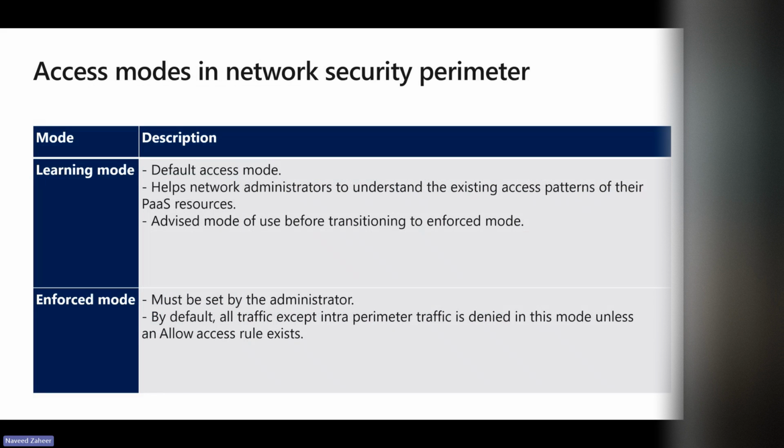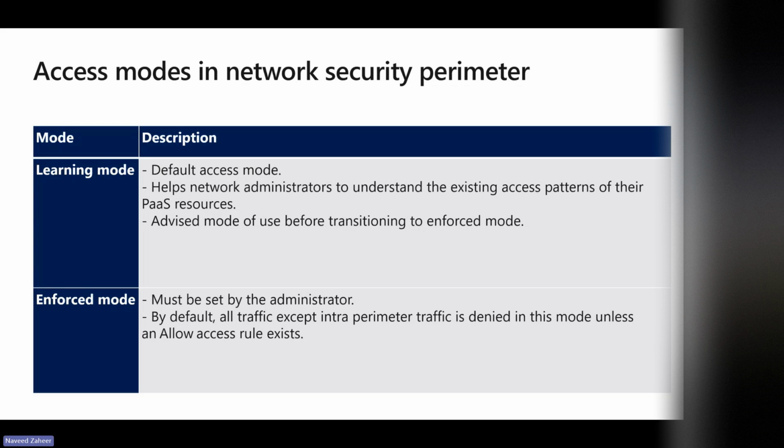There are two modes to it. Once you do the association with a resource, you can do either learning, which is the default mode. In that mode, you can see what is being accessed, look at the traffic, and see how the traffic is flowing in the logs, and decide if whatever rules that you have are going to be working okay. After that, you can go into the enforce mode.